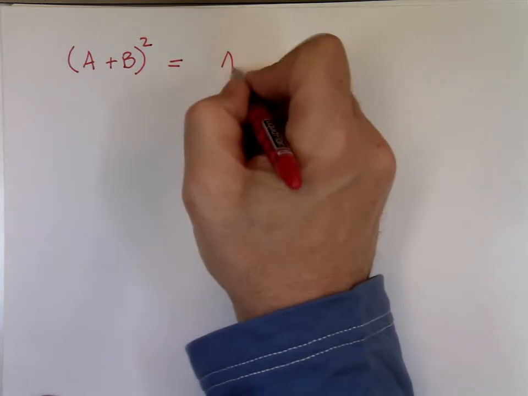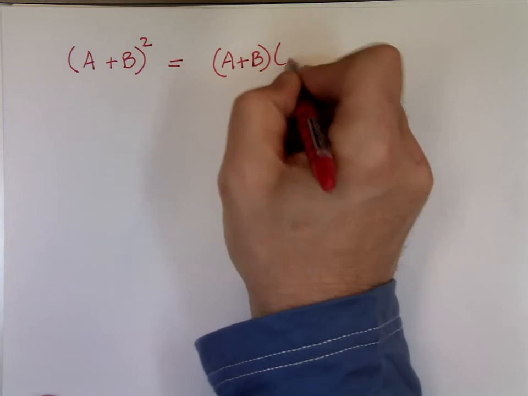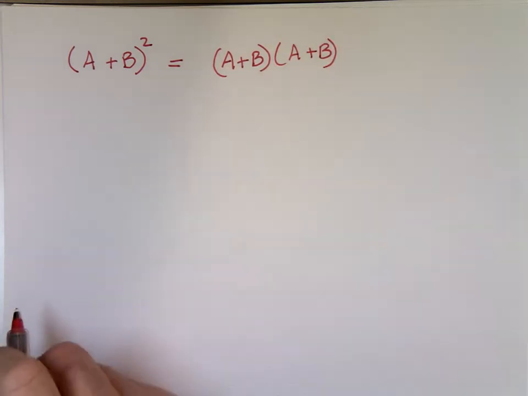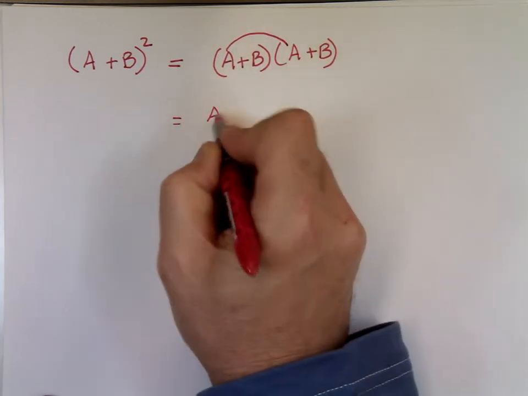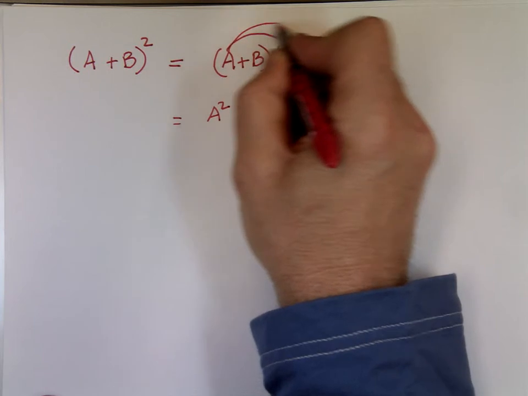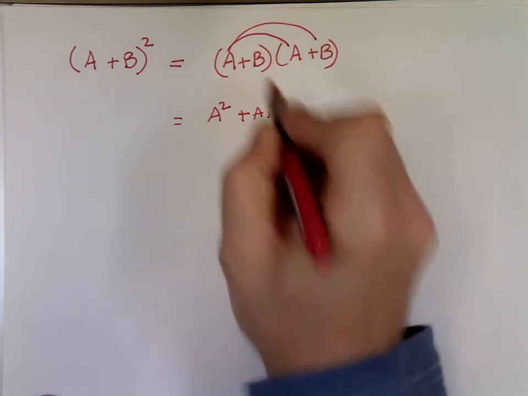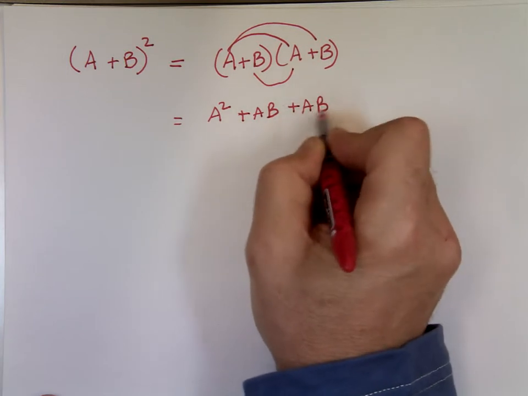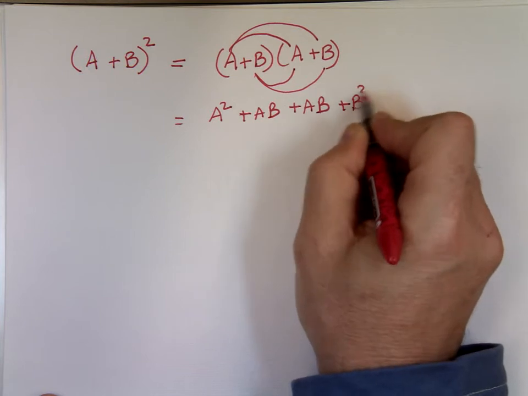That says A plus B times A plus B. If you FOIL it, what's that? A squared, AB, this is also AB, and this is BB, which is B squared.